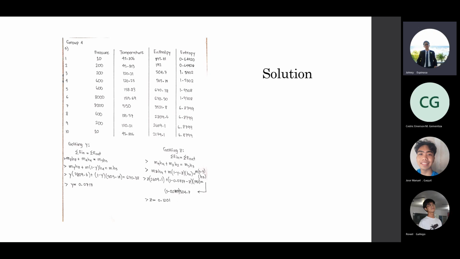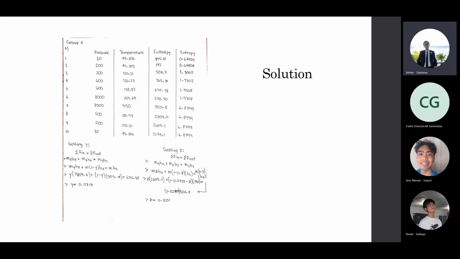And under energy output, we only have state 3, or m3 h3. Dividing by m, we get the equation z times the enthalpy value of state 9 plus 1 minus y minus z times the enthalpy value of state 2 equals 1 minus y times the enthalpy value of h3.